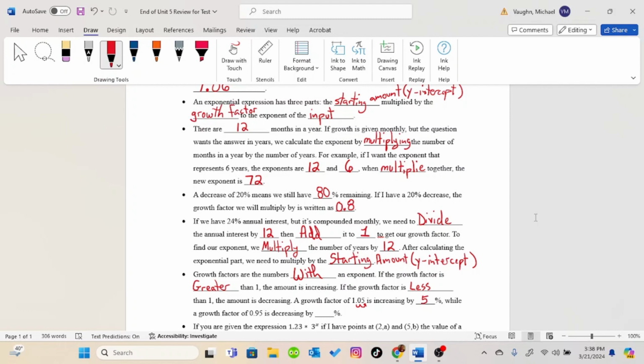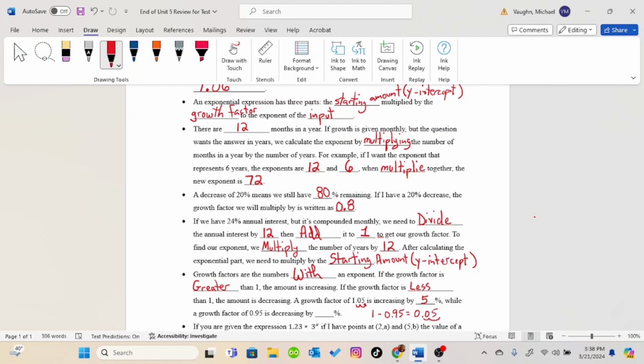While a growth factor of 0.95 is decreasing by 5 percent. Well, remember that 1 is the whole. So if you subtract 0.95, you have 0.05.